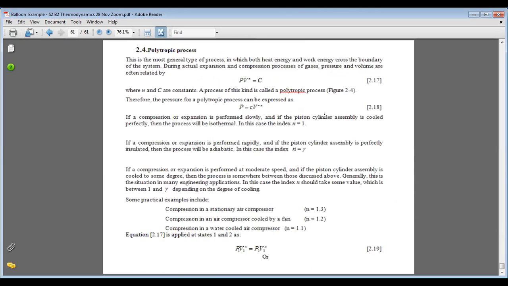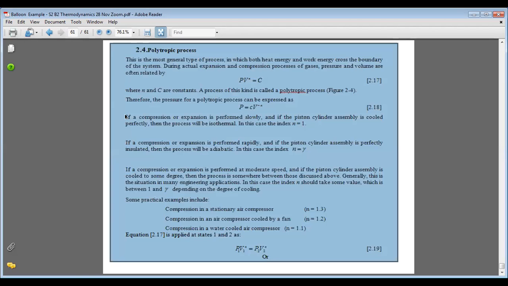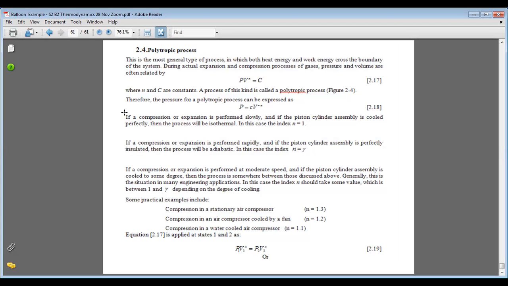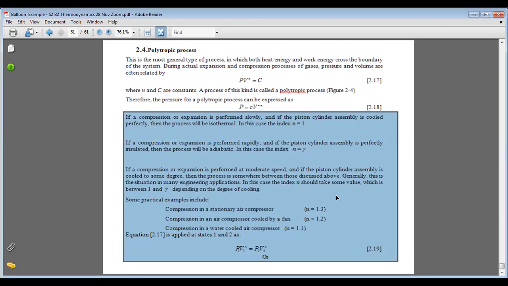We have followed all these things, and we came to know about the polytropic process as well. You have some ideas about the n values. So that's why you need to go through the notes separately.